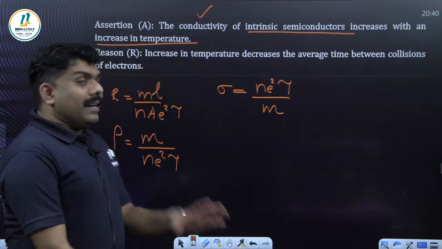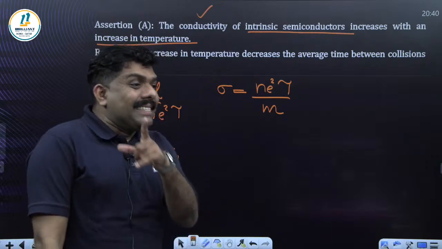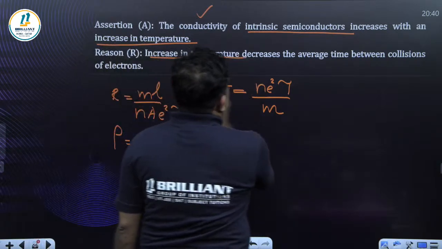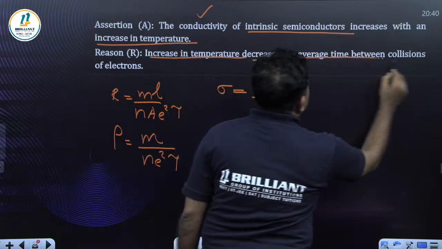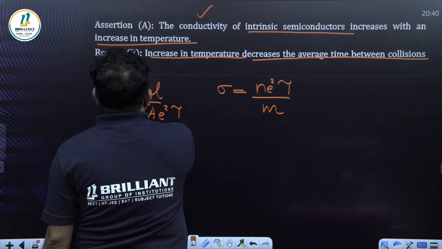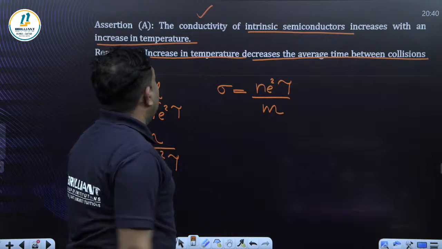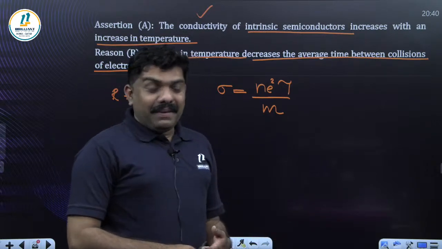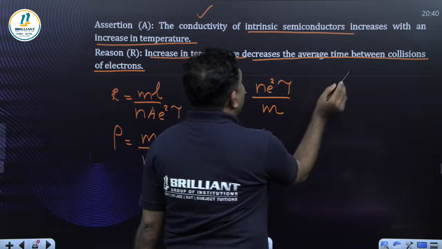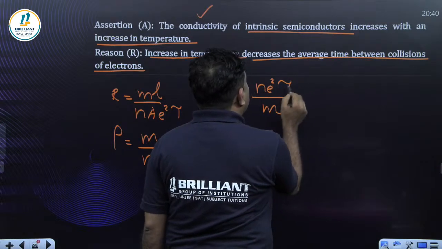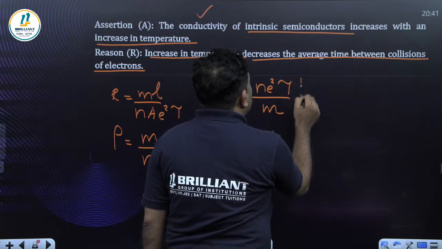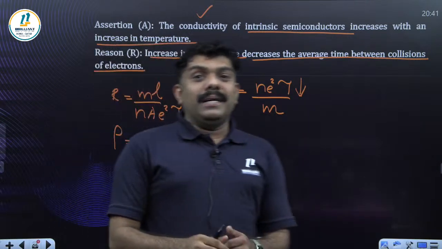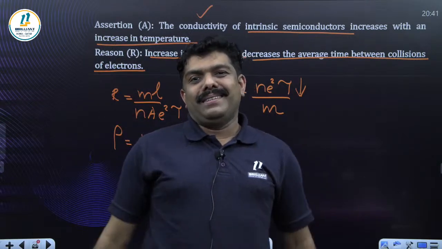Now, but there is a problem in the reason. What's the problem? Increase in temperature decreases the average time between collisions of electrons. When we are increasing temperature, the time interval between collisions is decreasing, so the tau value will decrease. But still sigma is increasing.